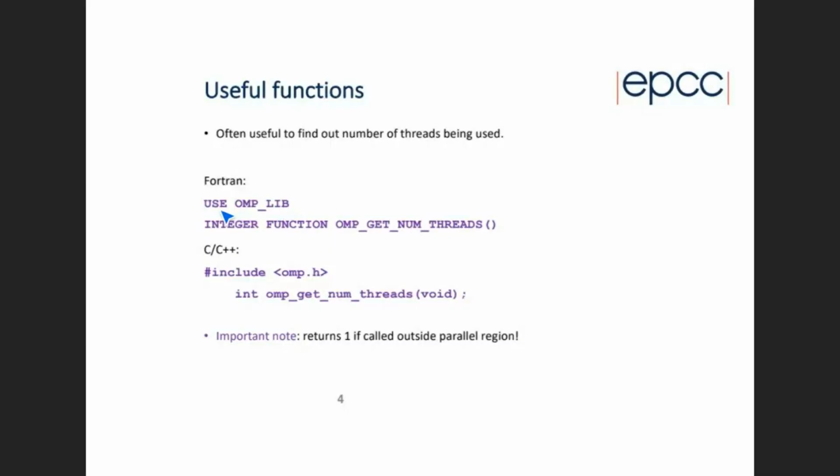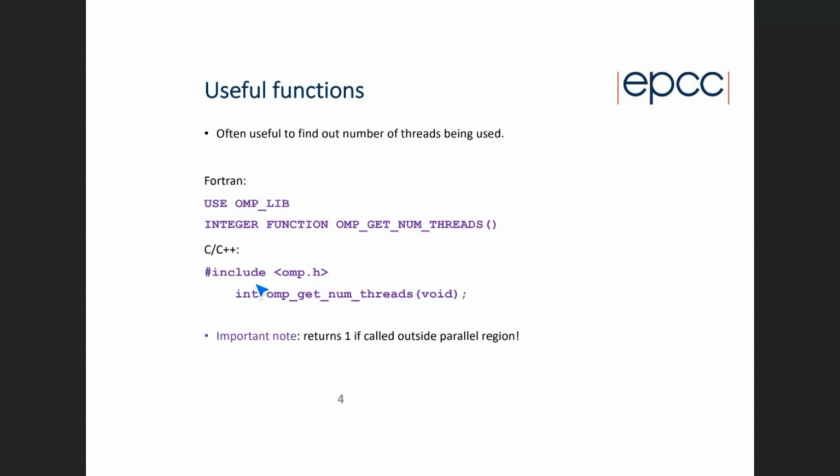To get the function prototypes in Fortran, you can do use omp_lib. That's a predefined module which contains all the prototypes for the OpenMP library functions. And in C or C++, it's a predefined header file called omp.h, so you can just include that.